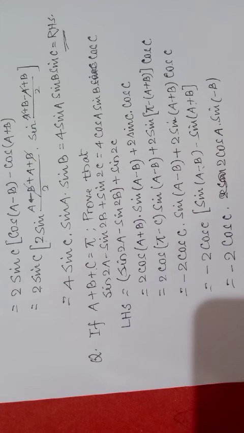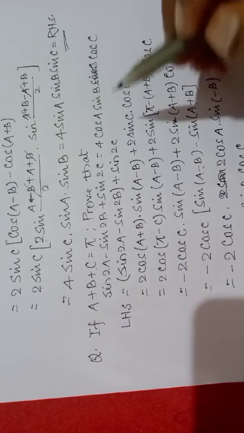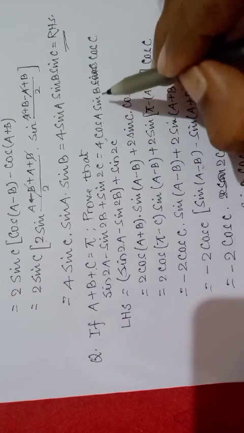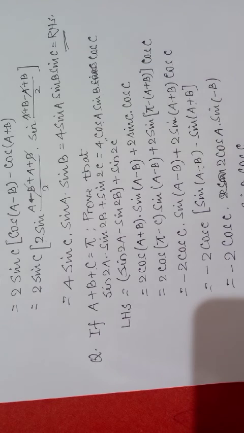It is 4 cos A into sine B into cos C. So just make a correction: 4 cos A into sin B into cos C, which is your RHS.